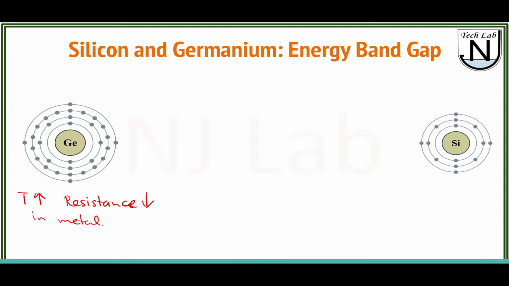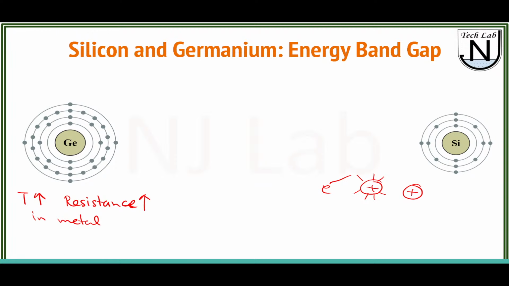The reason was that when the temperature is increased, the atoms vibrate, and due to the vibration of the positive ions, the moving free electrons get obstruction, due to which resistance increases. With temperature increase, resistance increases.